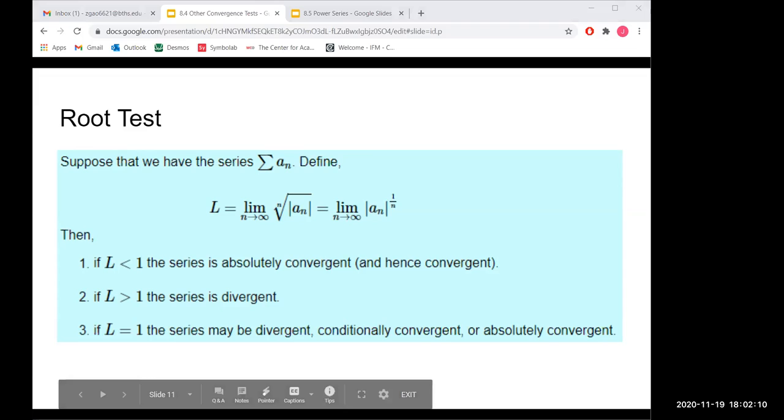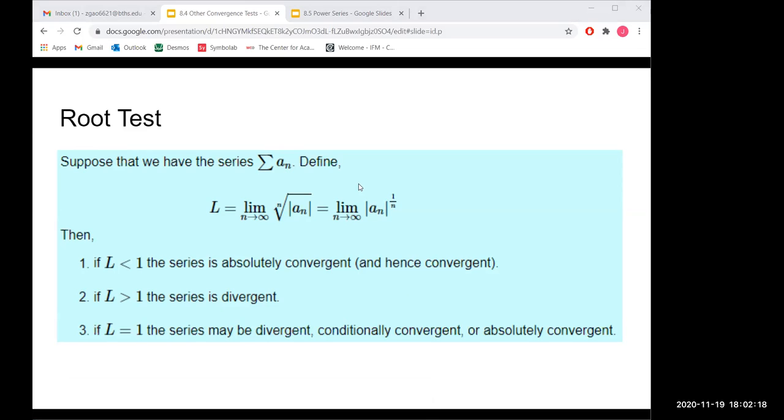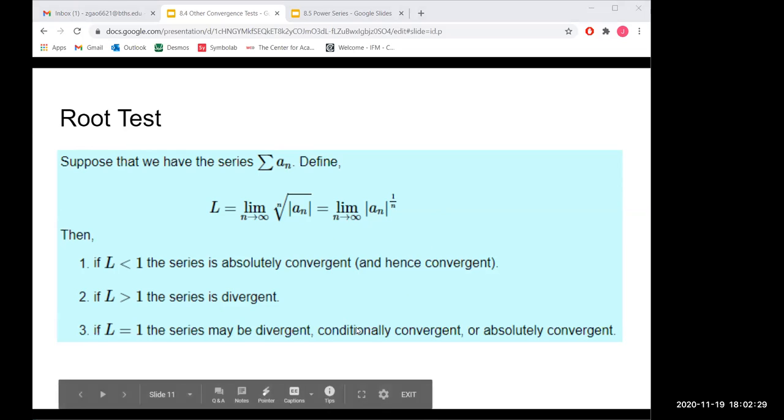If you think about it in terms of the ratio test, if the ratio turns out to be 1, that means that as you go further into the series, your terms start to be the same, and therefore you don't know whether it converges or diverges. Let me see if I can give you an example.